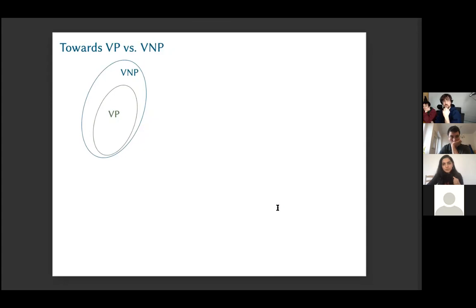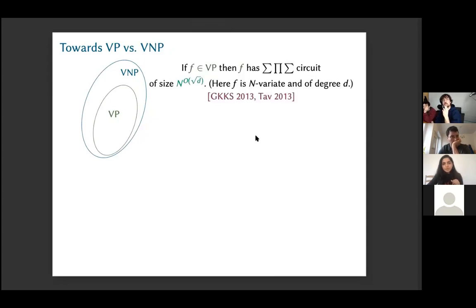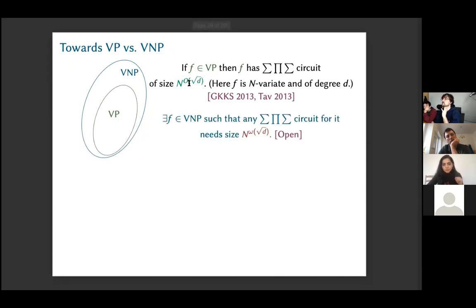Just to put it in the context of this escalation I talked about, the result we saw on the previous slide says that every polynomial in VP has a depth 3 circuit of this size. What we don't know is the statement that there exists a polynomial in VNP such that any depth 3 circuit for it has strictly larger size than n to the omega square root d.